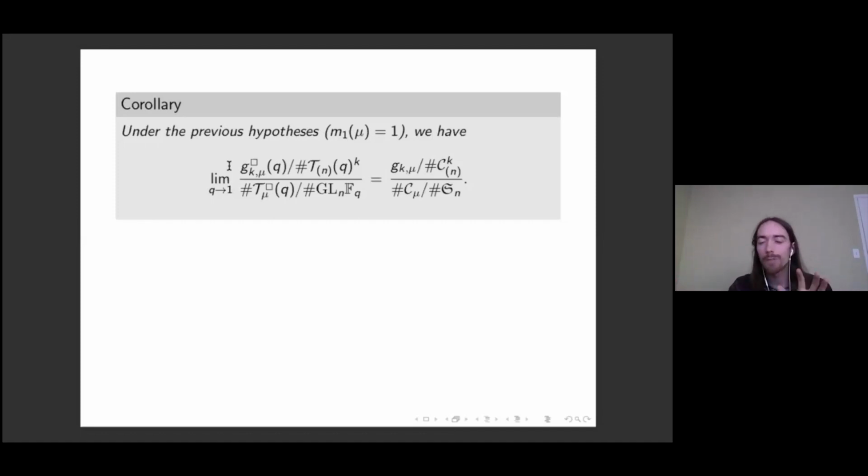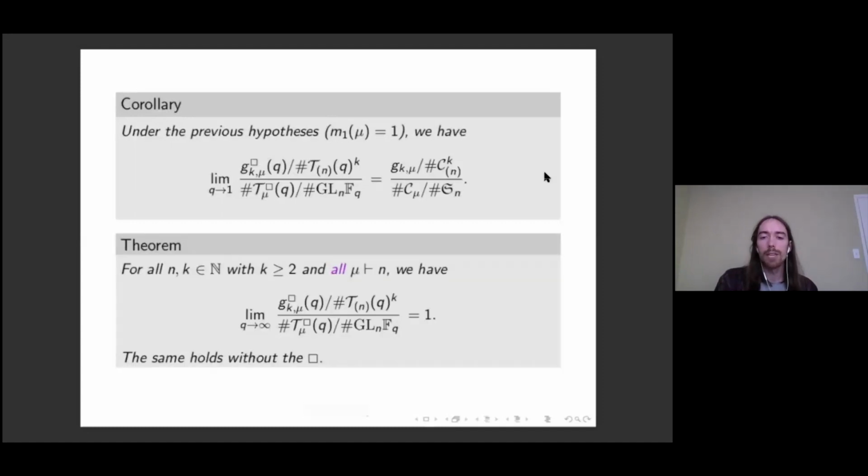So for some reason, these ratios of probabilities are Q analogs of each other, at least in the situations that the main result holds for. And here's a theorem. This is the Q goes to infinity limit that you were just asking about. And this is true for any partition mu.